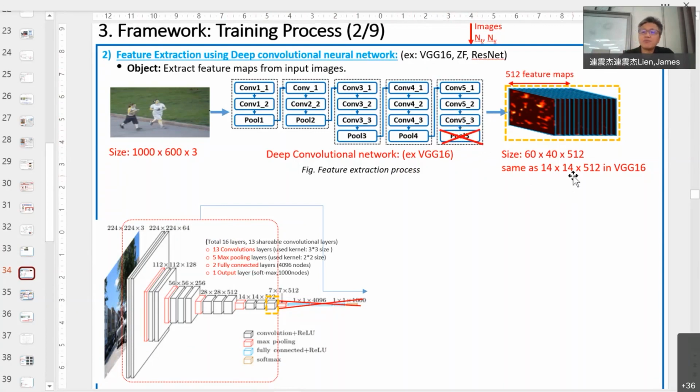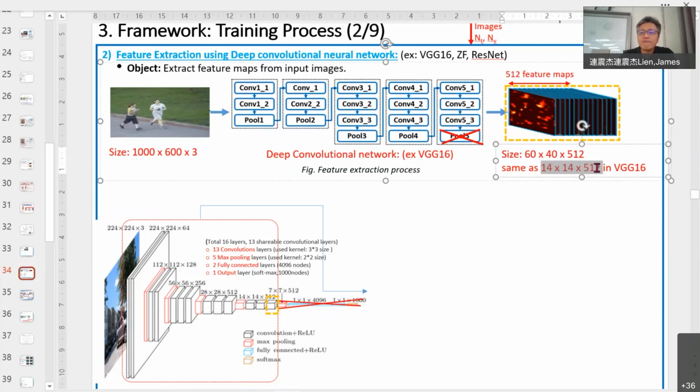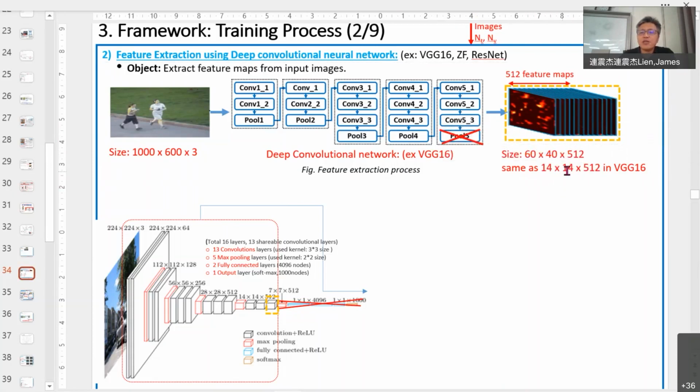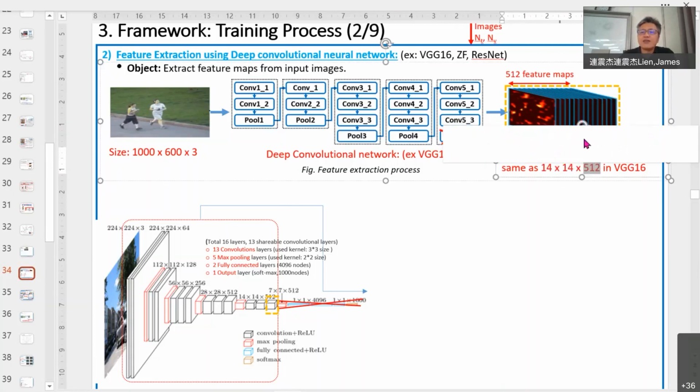So they keep only 4 max-pooling downsamplings, and in the last block they still extract features but don't downsample. So the final output here becomes 14 by 14 by 512 maps.